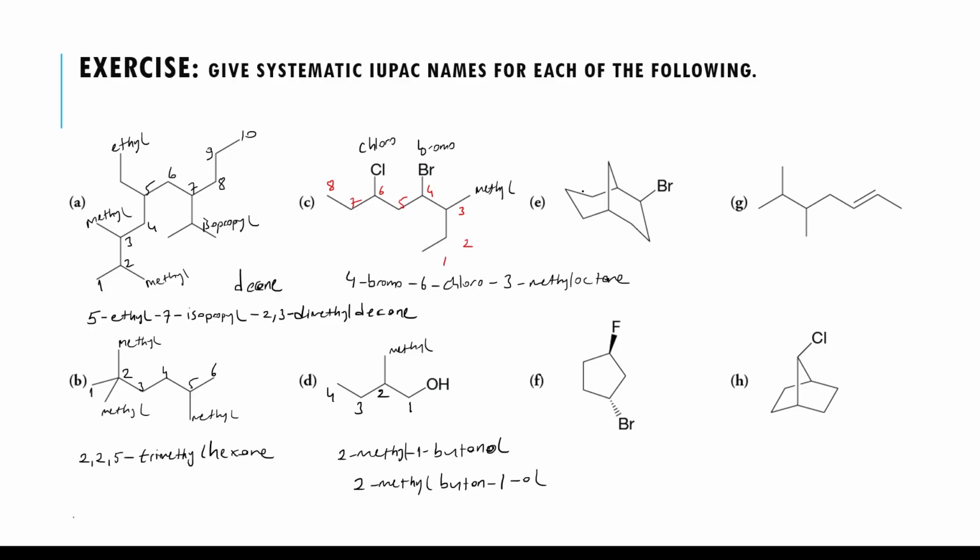This is a cyclic molecule, and it's a bicyclic molecule. So we have to say this is bicyclo, and we have to use brackets, and I will explain the numbers in the brackets.